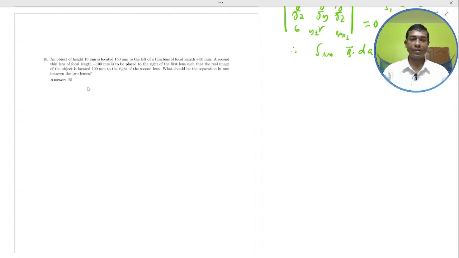A second thin lens of focal length minus 100 millimeter is to be placed to the right of the first lens such that the real image of the object is located 100 millimeter to the right of the second lens. What should be the separation in millimeter between the two lenses?